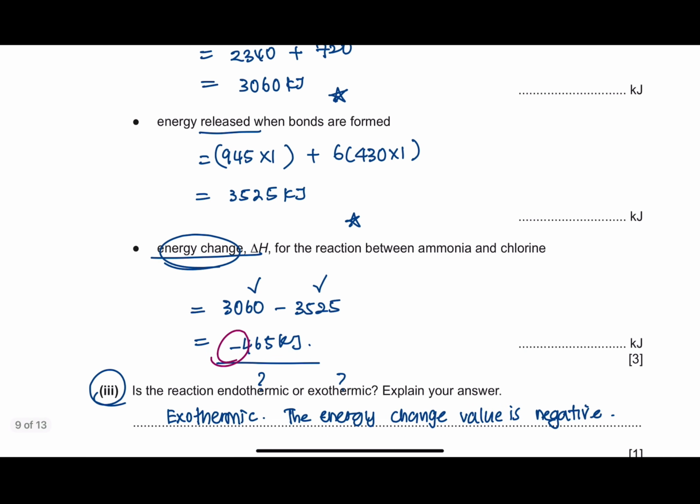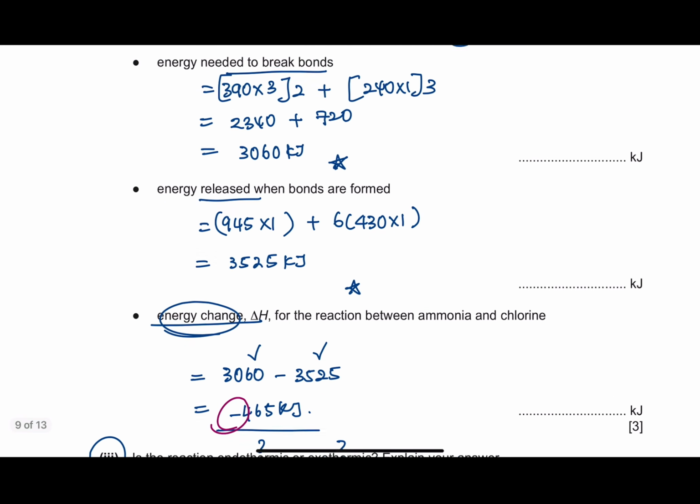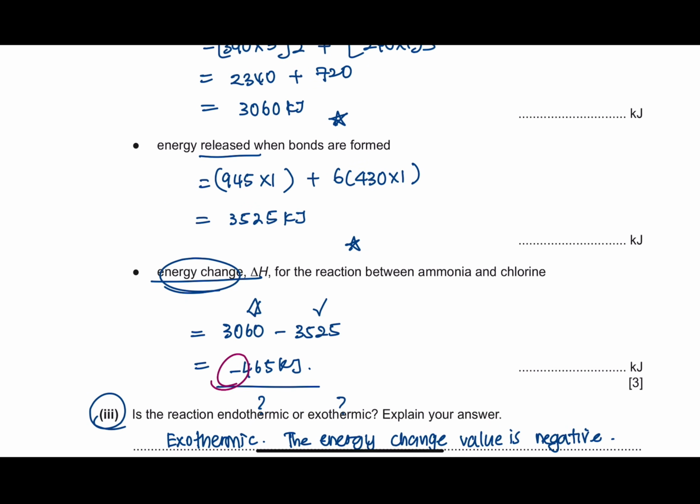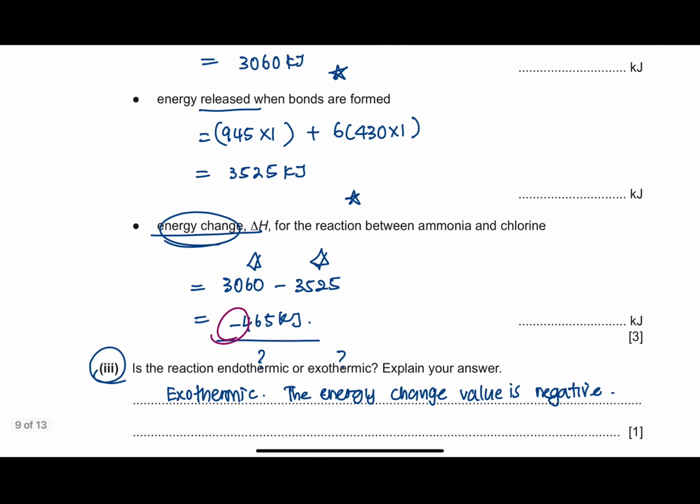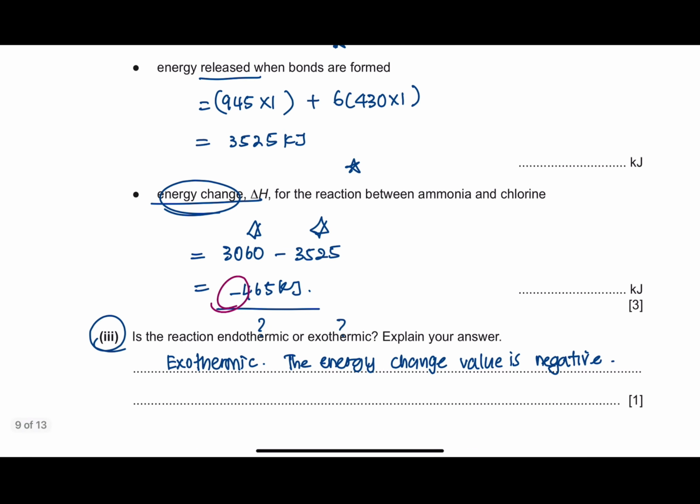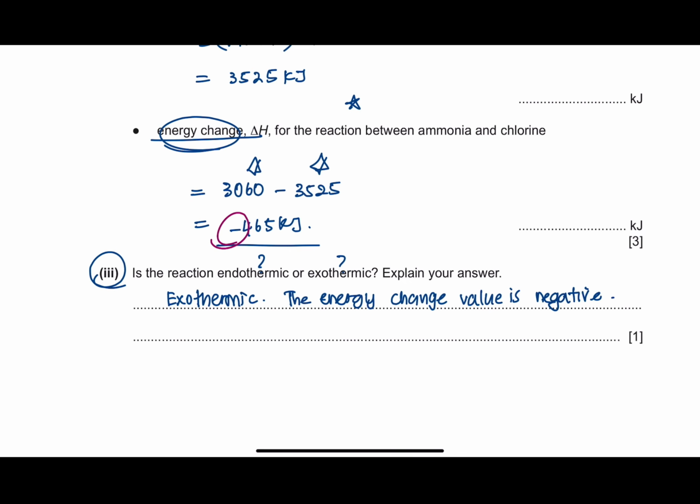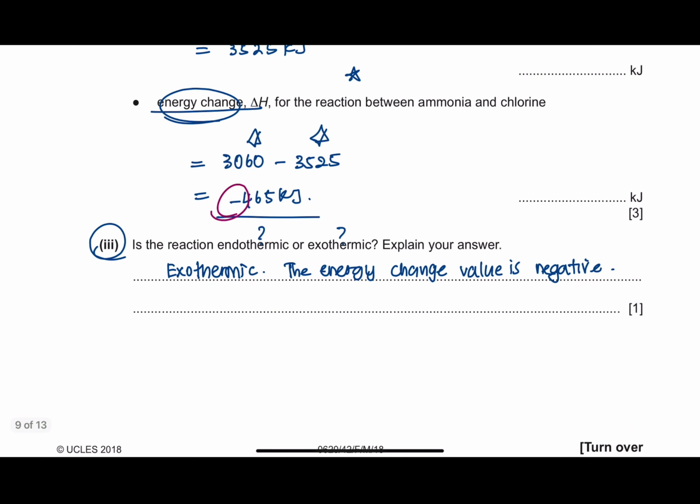For the energy change, you need to minus 3,060, which is your energy needed to break the bond, together with the energy released to form the bond. This would give you a value of negative 465. So is the reaction endo or exo? It would be exo since your energy change is a negative.